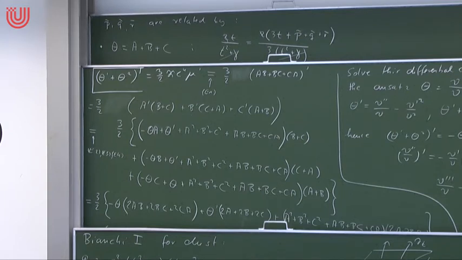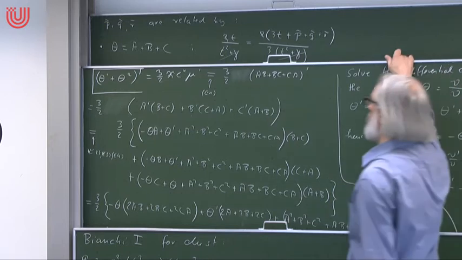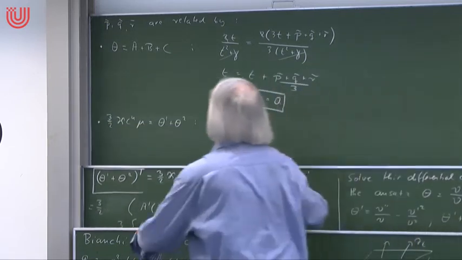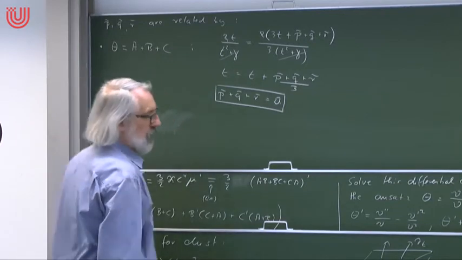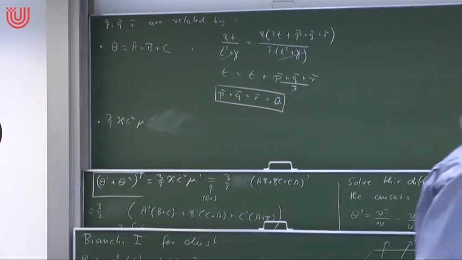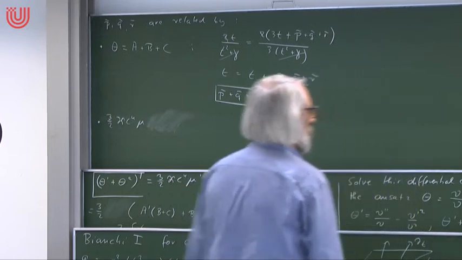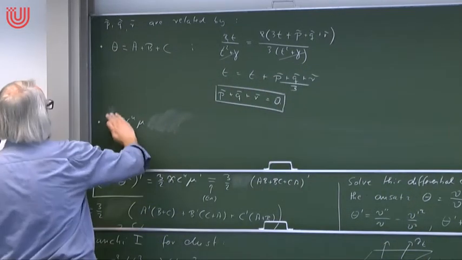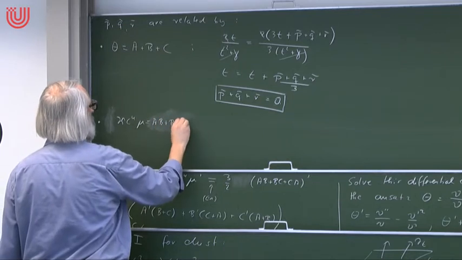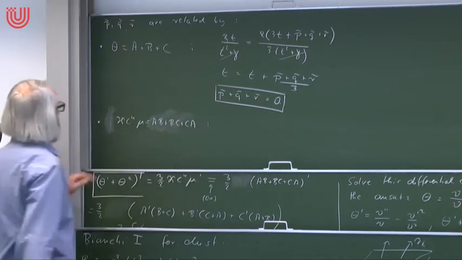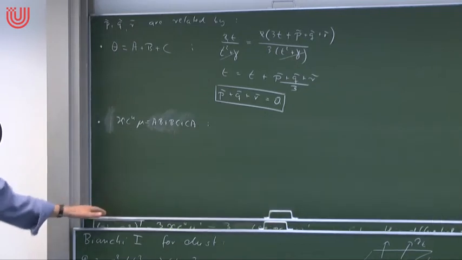This is true, what I've written, but that's not the relation I want to use. I want to use E1, this expression. Kappa c to the 4 mu, without the 3/2, is AB plus BC plus CA. That's the equation I want to use.